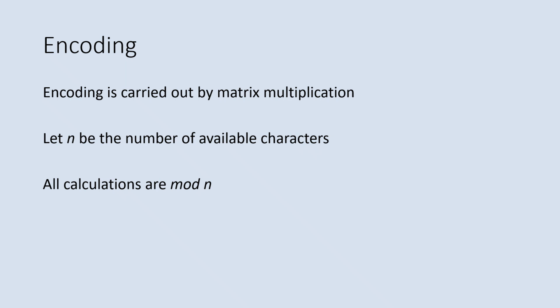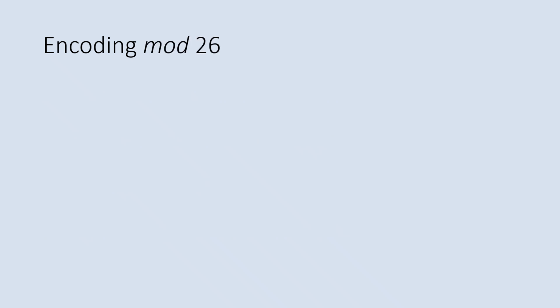Sometimes there are some changes made and some kind of dummy characters created to make this number n a prime number. That makes certain calculations easier going forward. But the encoding matrix that we create must be invertible mod n. So we'll look at that momentarily.